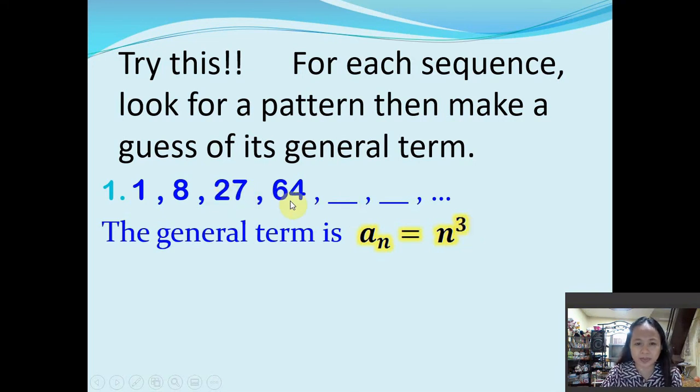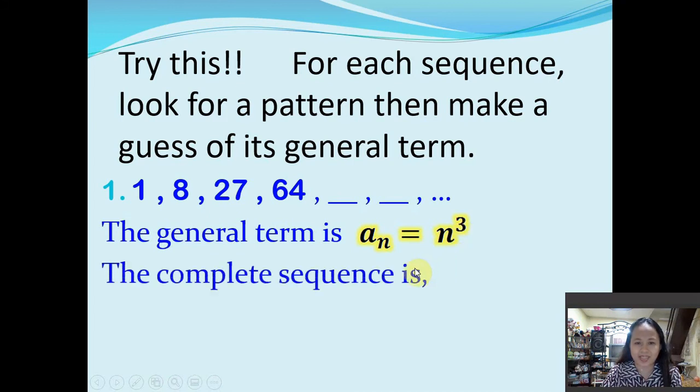For our fourth term, that is 64. Our n is 4. 4 to the power of 3, that's 4 times 4 times 4, and that is 64. This is our fifth term, so our n here is 5. So 5 to the power of 3, and that is 125. Next, we have the sixth term.